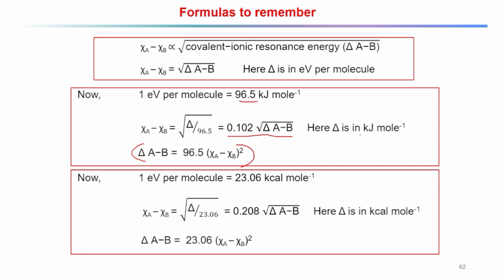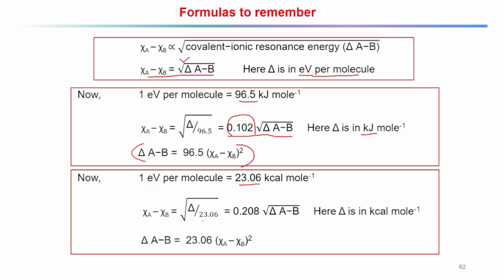Here delta is in kilojoule, and also you have to remember this one, here delta in eV per molecule. Simply if you just put 0.102 before this term, you will get delta in kilojoule per mole. And similarly, you can convert this eV per molecule to kilocalorie per mole using this factor.